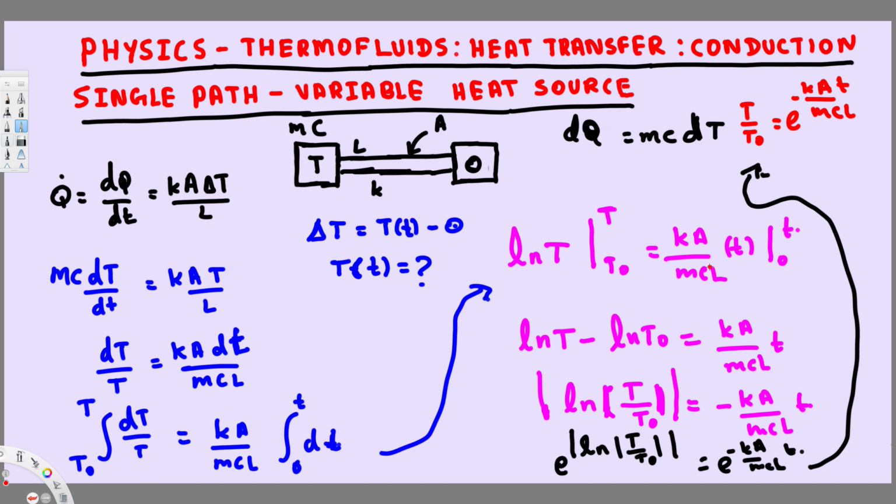So this is going to be our equation, but the thing we are trying to find is T time, right? T time is this one, the top one. So temperature with time is therefore going to be equivalent to T naught times e power minus kAt over mcL. So that's going to be our final answer.